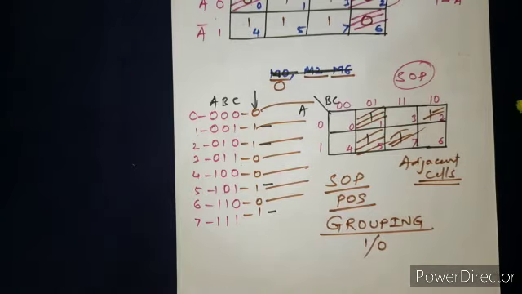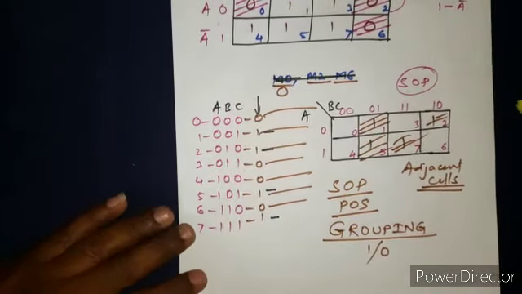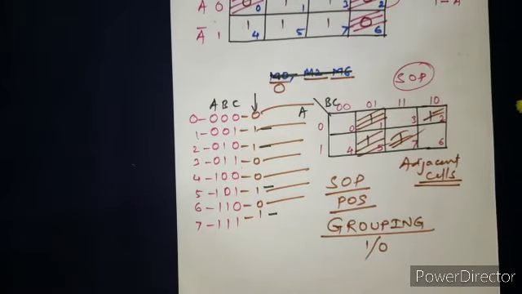In the next lecture we'll go over how to simplify, what is the procedure to simplify the Boolean expression using the K-map.